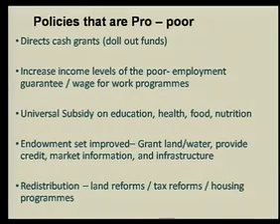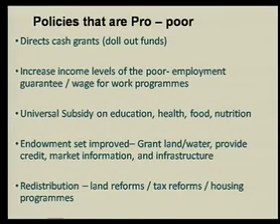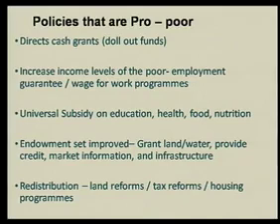Then you have other measures, a little more serious ones, like increasing the income levels of the poor, which is continuously increasing income levels, like raising the wage rates. Or else for people who don't have jobs, like in India, you give an employment guarantee mechanism.